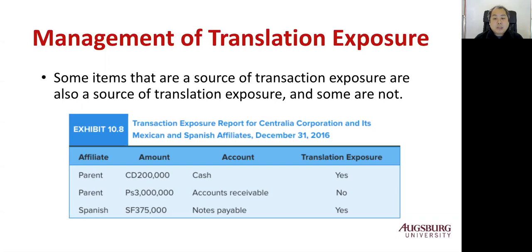It is also a transaction exposure, but it is not a translation exposure, because you can net intra-company payables and receivables. So the exposure amount is the net amount, not one by one separately. Usually these intra-company receivables do not have any translation exposure.